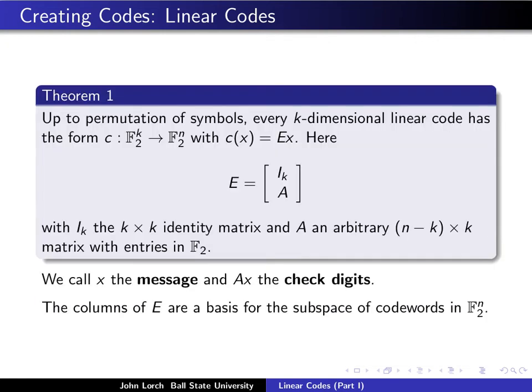The example we did on the previous slide suggests this theorem about linear codes. So what it says is that up to permutations of symbols, every k-dimensional linear code in F2^n has this form, where C of x is just E times x, where E is this matrix, where the top bit of the matrix is just the k by k identity matrix, and the bottom is some arbitrary matrix A of size n minus k by k.